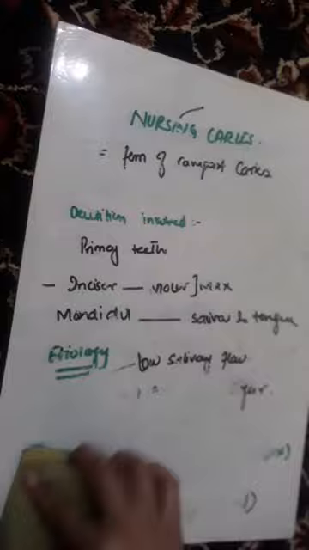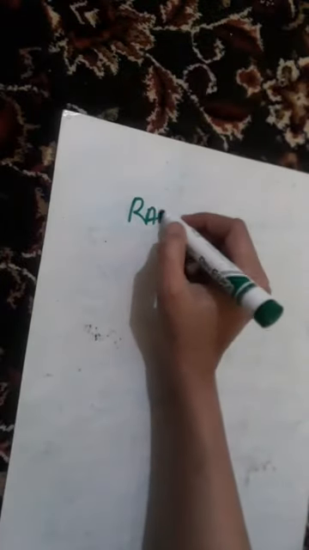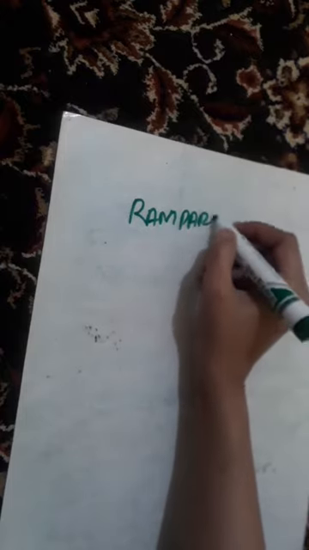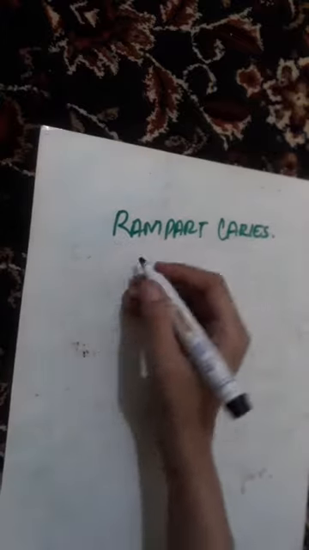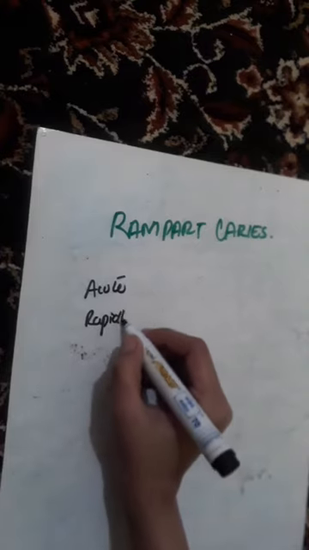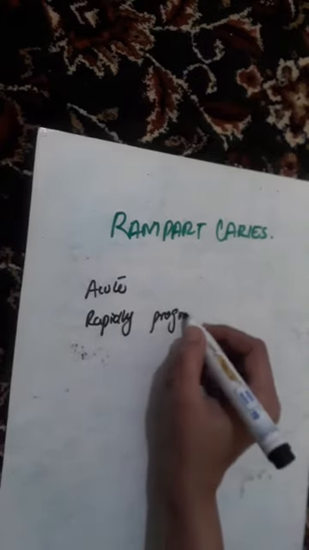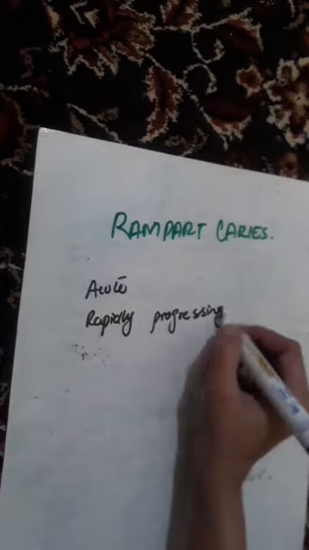Then moving towards the rampant caries. Rampant caries is an acute, rapidly progressing caries.